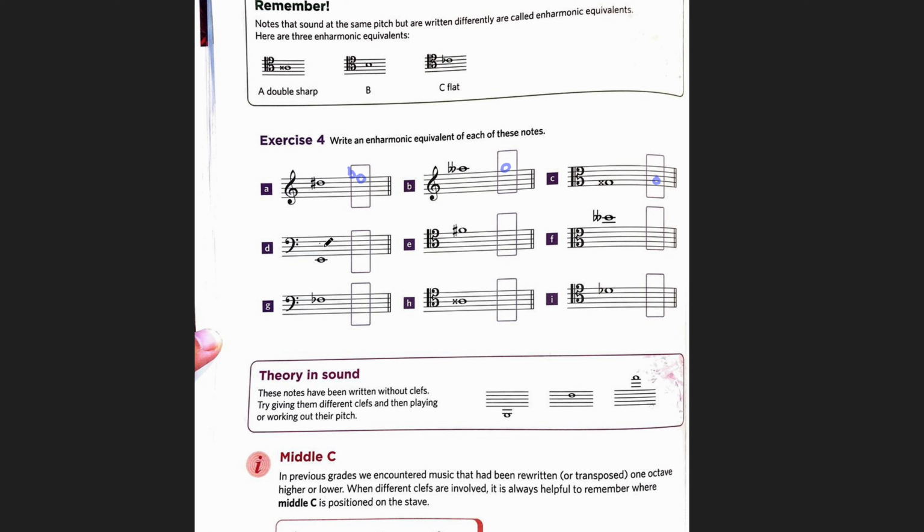And this is a C, A, F, E, which could be a D double sharp. And this is an F sharp, which could be a G flat.